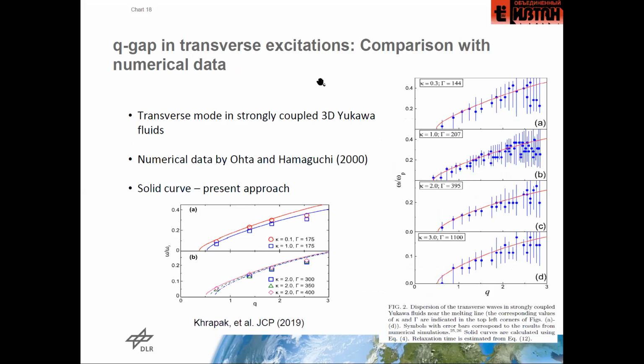The next example is a comparison with numerical data related to three-dimensional Yukawa fluids, and again you can see that the Q-gap in the dispersion relation of transverse waves is very well reproduced, and also its position is very reasonable compared to the simulation results.